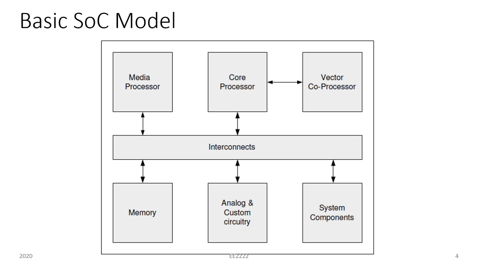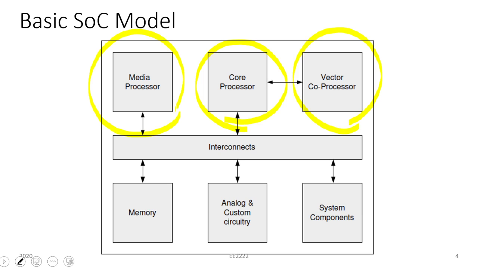So when we think about a general system on a chip idea, here what we may have is essentially a processor, then we may even have some other co-processors, other processing elements. We may have certain media processors like graphics processors and so on. We could have memory components and various other circuitry and other system components.